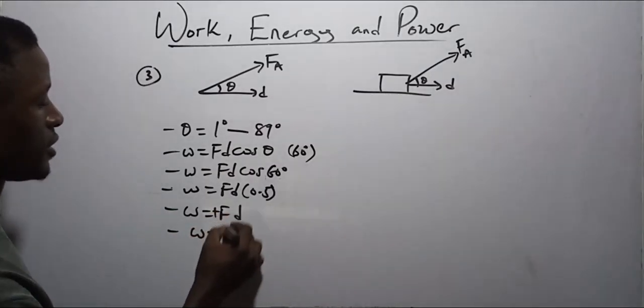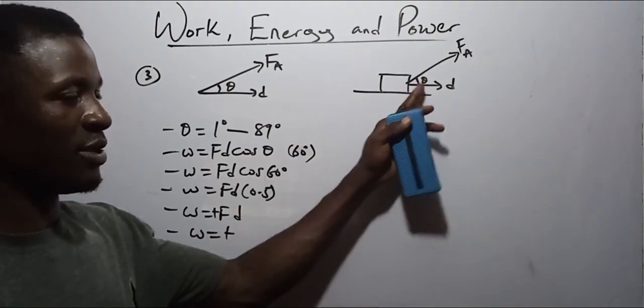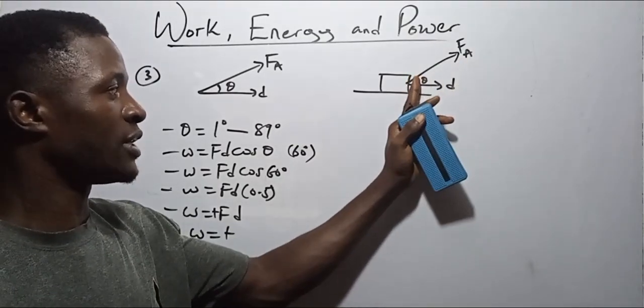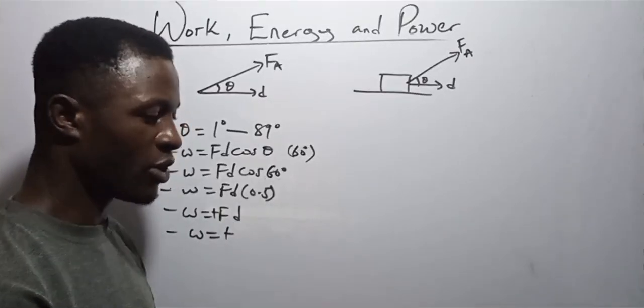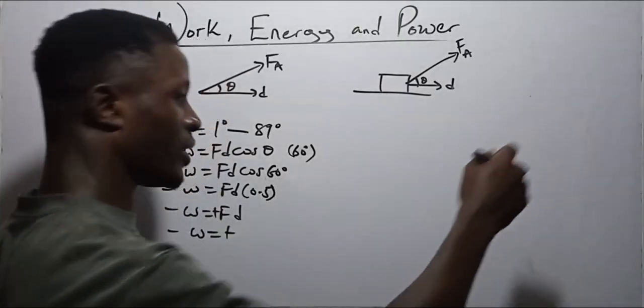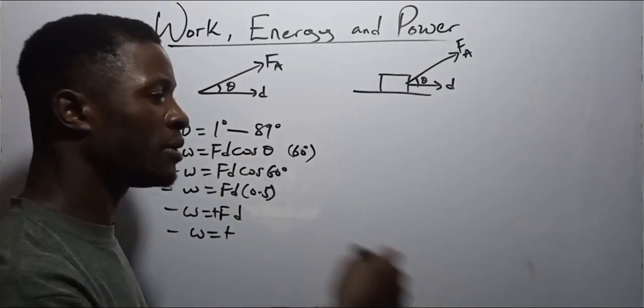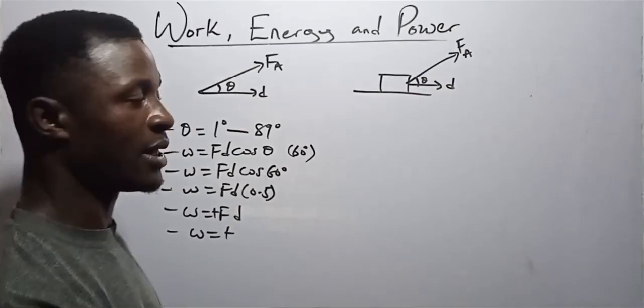So this force is doing a positive work on this object because if you look at it, this action force is almost in the same direction. Let's assume the boy is running in this direction and I'm pulling the boy towards that direction. The force is not really parallel, but I'm still pushing the boy in that direction.